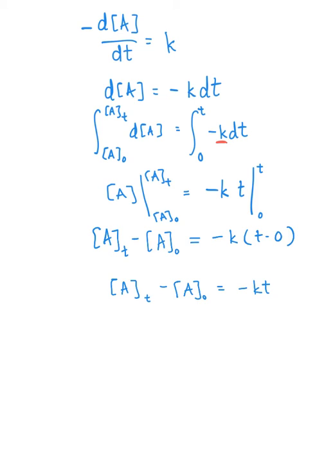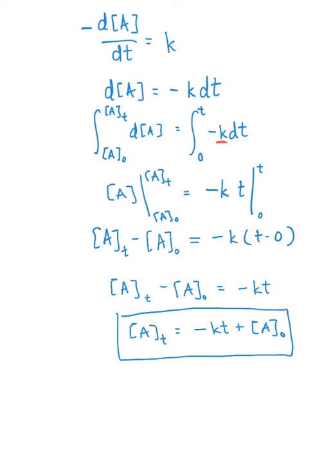Let's rewrite this equation in a slightly different way. Let's put concentration of A at time 0 on the other side of this equation to make it look a little bit more familiar. In General Chemistry 2, we like to make things look like a straight line. Notice that this equation looks like a straight line if the left-hand side is y.